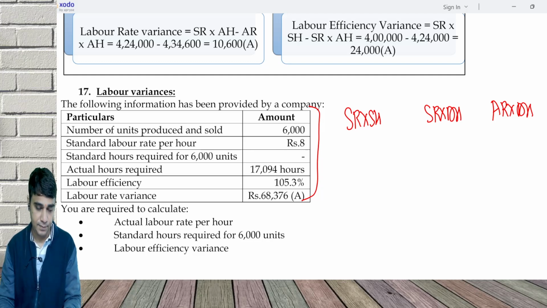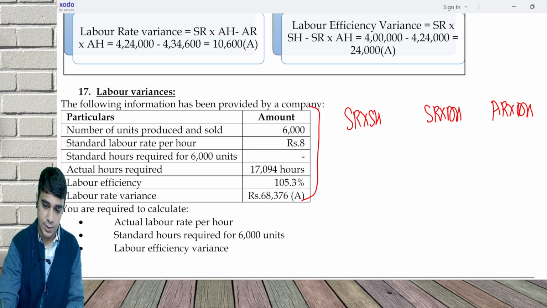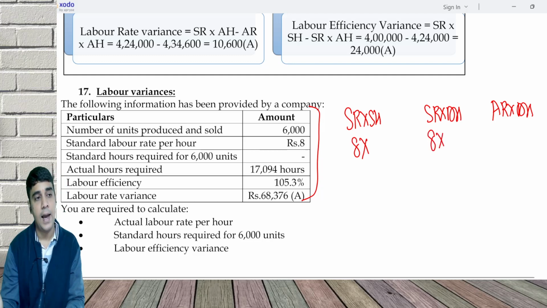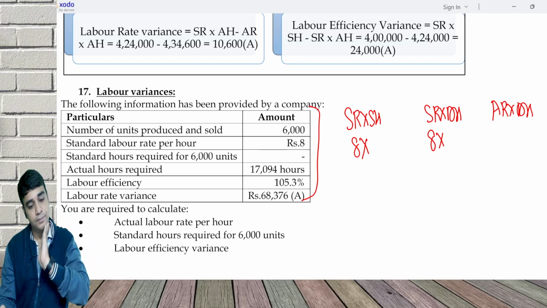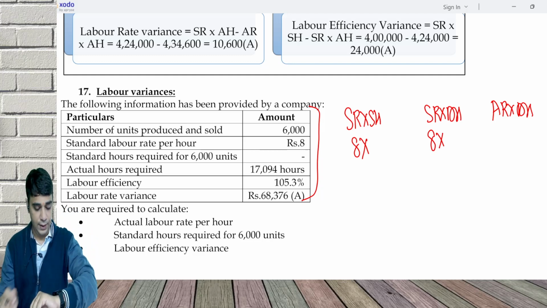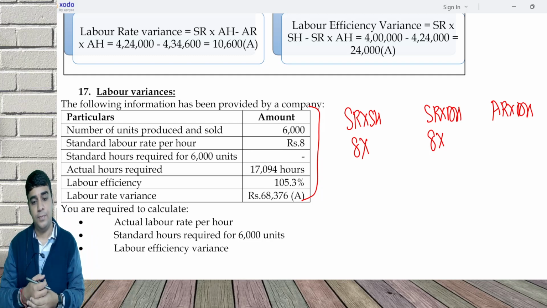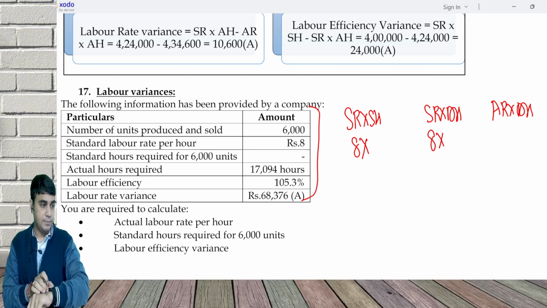Balance we'll see. How much is the standard rate? 8 at 2 places. Actual rate, if not given, we'll see it later.